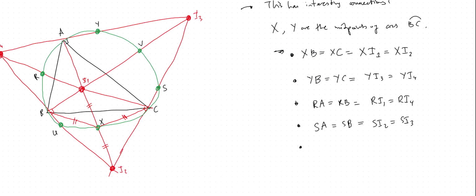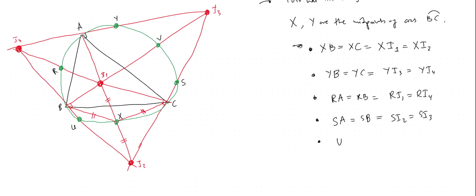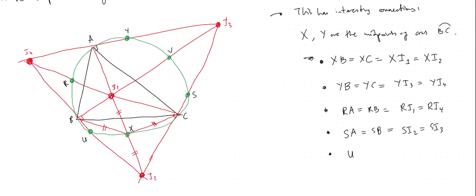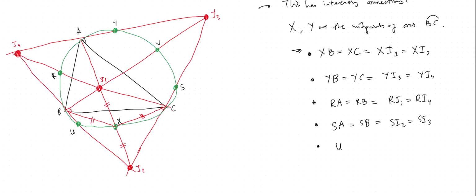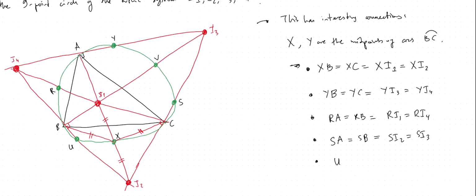Right? Similarly, U. Who can do it for me, for you? UI2 equals UI4, which equals UA and equals UC.